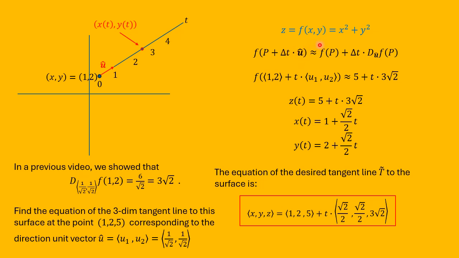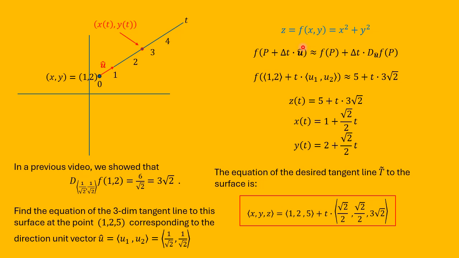And we saw in a previous video that this was approximately f(P) plus delta t times this directional derivative. This was analogous to the approximation formula that you had in Calculus 1, and if you remember, that linear approximation formula gave us the equation of the tangent line to a curve at a point.